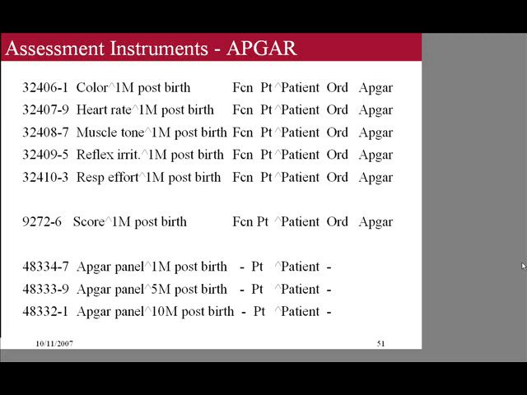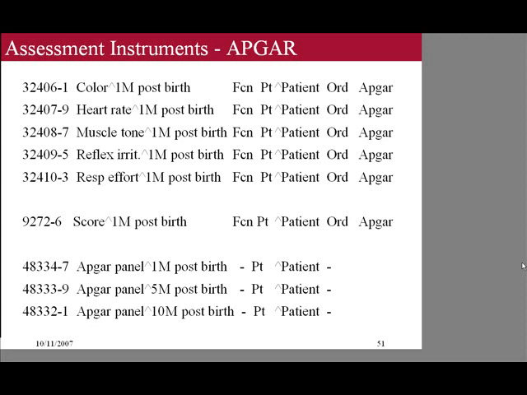We have the total scores for each of those individual things, and then we have panels that group those together so that you can easily grab all of the 1 minute APGARs or all of the 1 minute, 5 minute APGARs as a collection that's supported within the LOINC file itself.